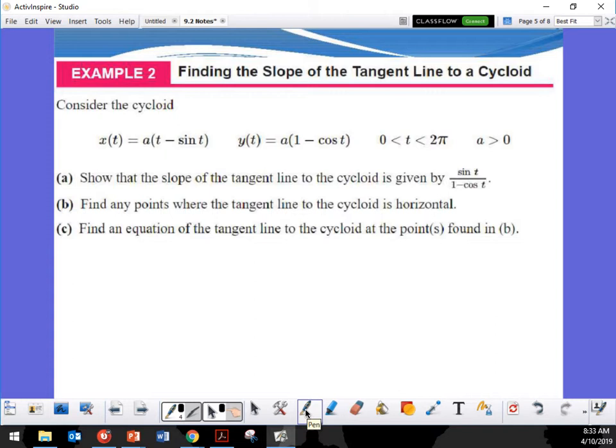If that's going to be horizontal, what does that mean? dy is equal to 0. So that means I'm going to set sine of t equals 0, and my interval is going to be from 0 to 2 pi. Where is that going to be equal to 0?